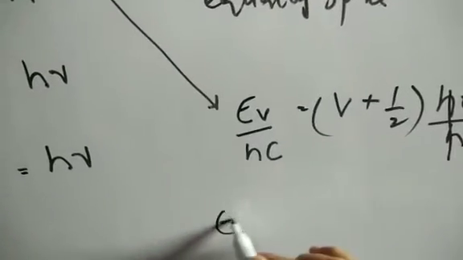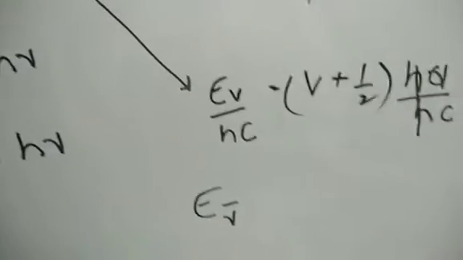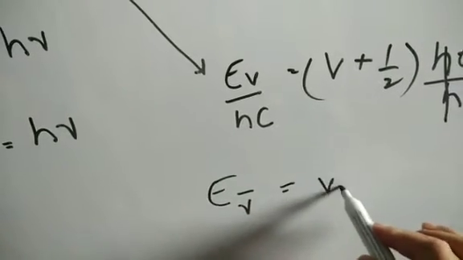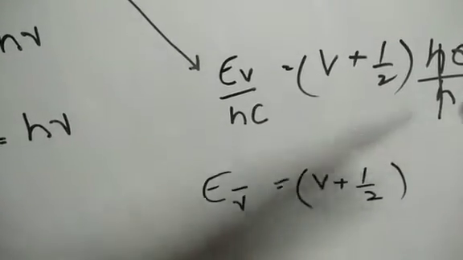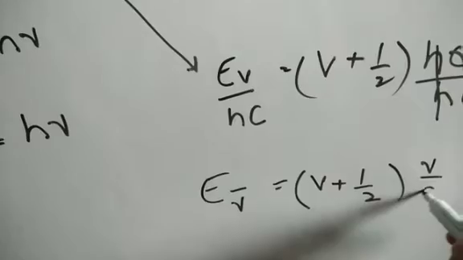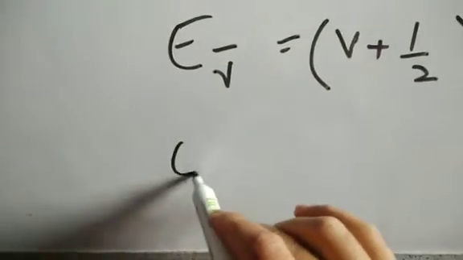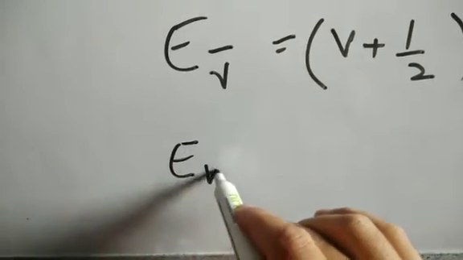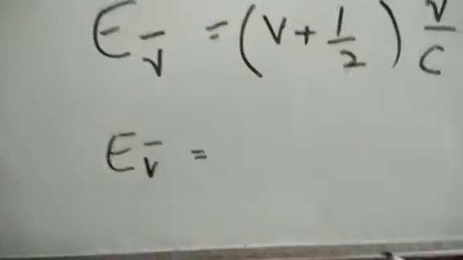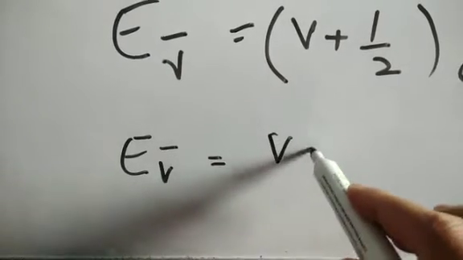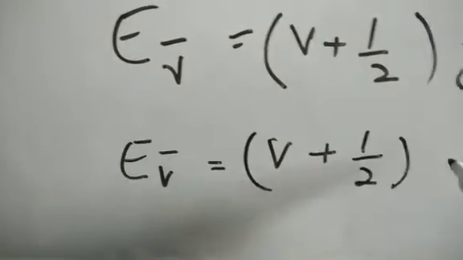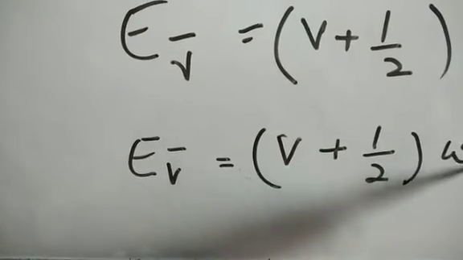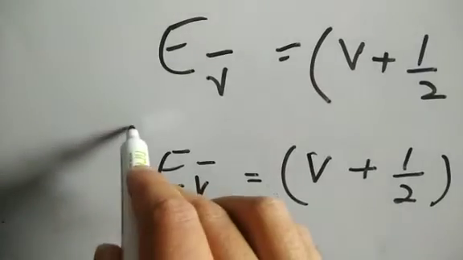So we can write the energy is given by v plus 1/2, and this is nu by c. For this nu by c we use a term, I will write here again. So the energy is given by v plus 1/2, in the form of omega.